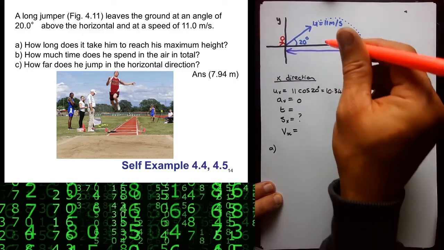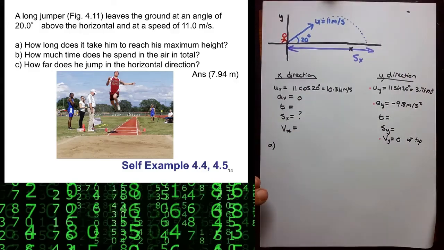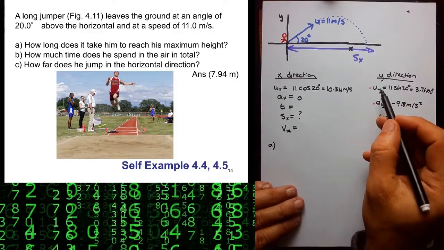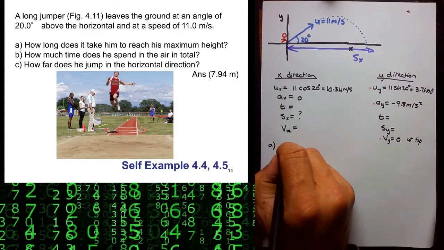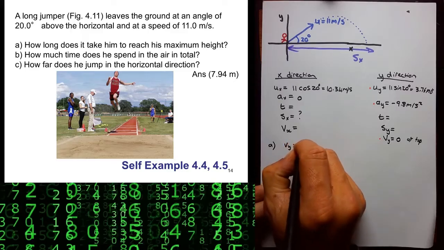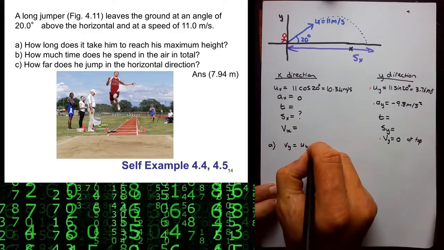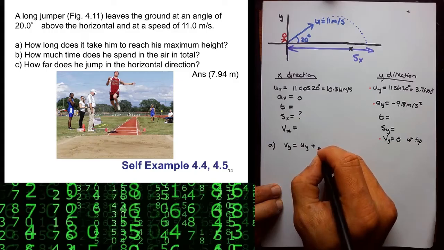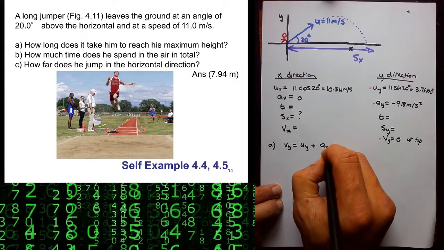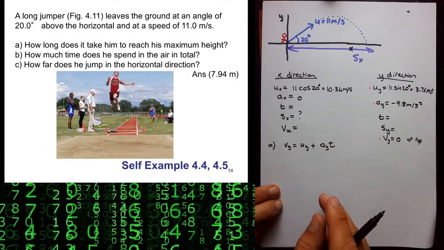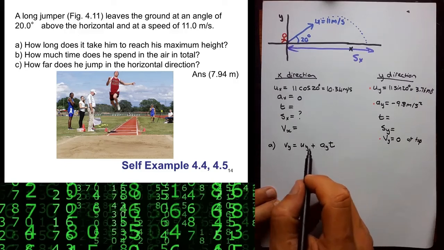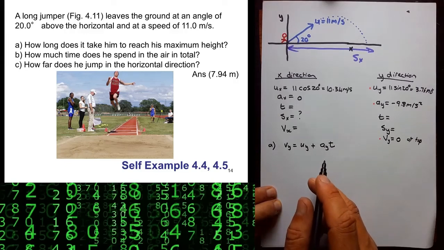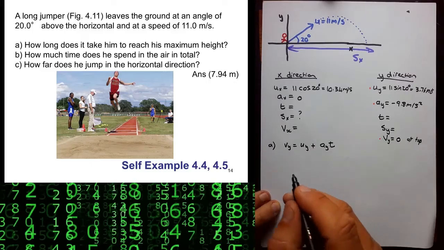If we want to know how long it takes him to reach his maximum height, knowing Uy, Ay, and Vy, a good equation to use will be Vy equals Uy plus Ay t, because we already know three of the quantities. So then we can simply substitute in the values.